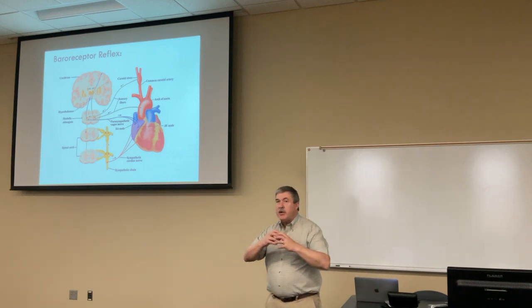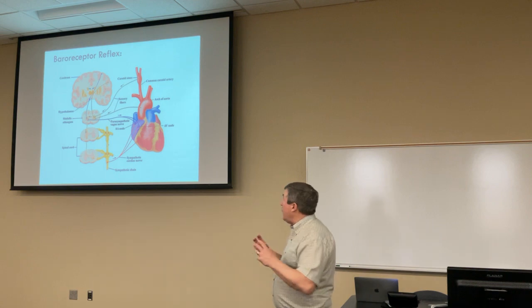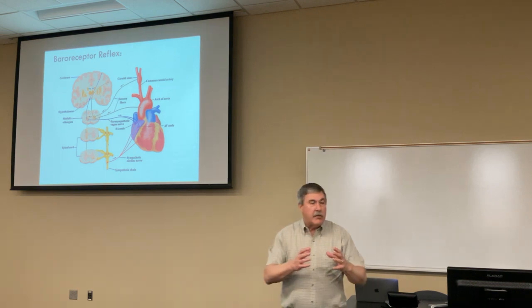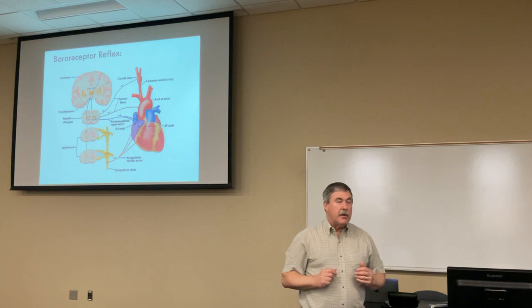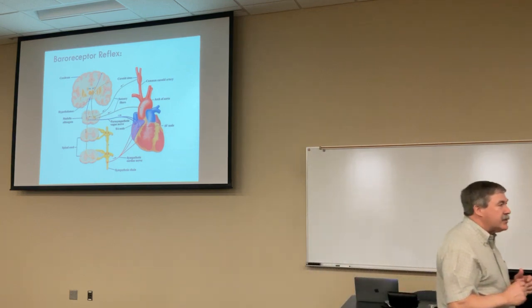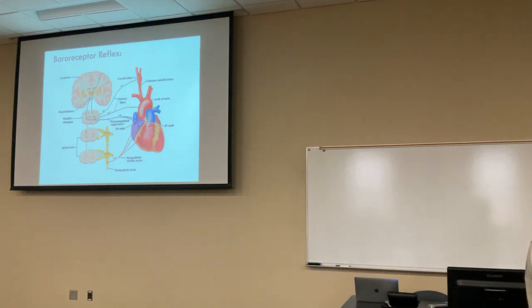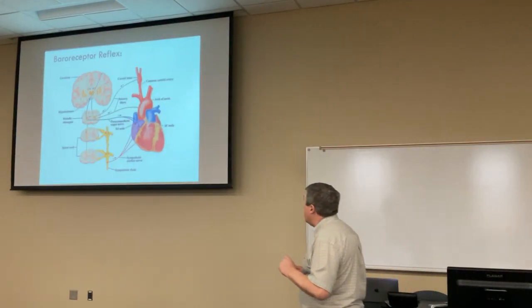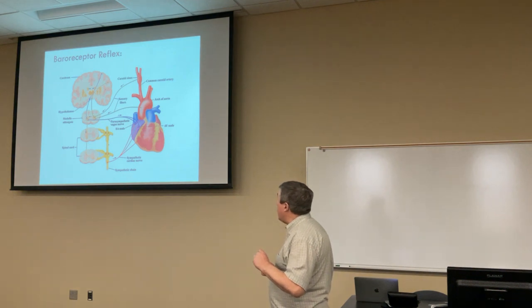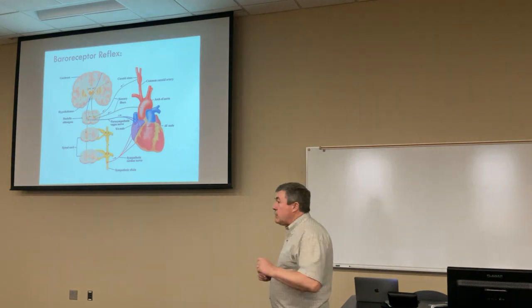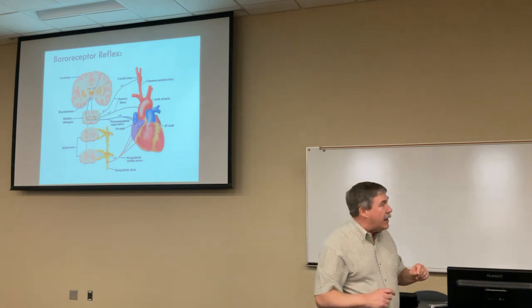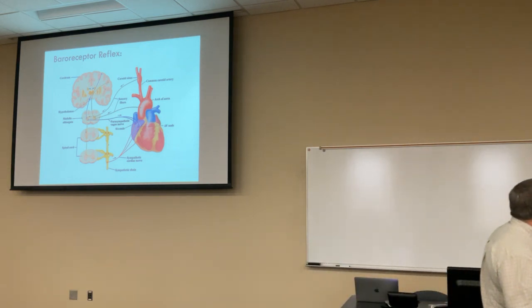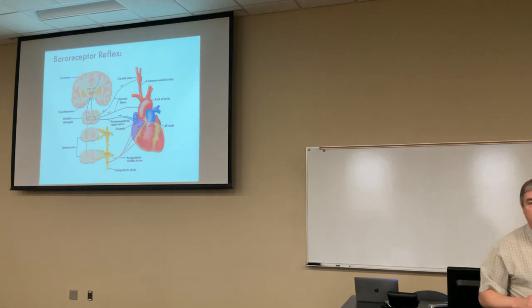So if blood pressure increases, the common carotid artery is stretched out more, and that stimulates the baroreceptors. Baroreceptors respond by increasing their rate of firing of action potentials, and those signals travel from the carotid baroreceptors to the vasomotor center in the medulla oblongata via the glossopharyngeal nerve.